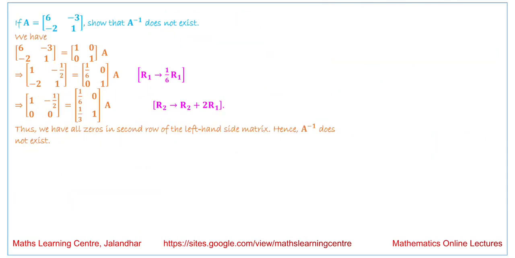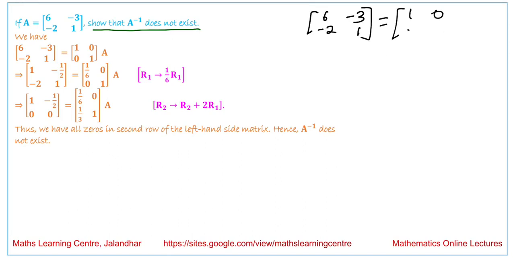Next we have this matrix A given, and we have to show that A inverse does not exist. If we start calculating the inverse for this matrix, it is 6, minus 3, minus 2 and 1. We are writing this is equal to 1 0 0 1 into A. Now the first step is, with the help of this 6, we are going to make this 2 into 0.